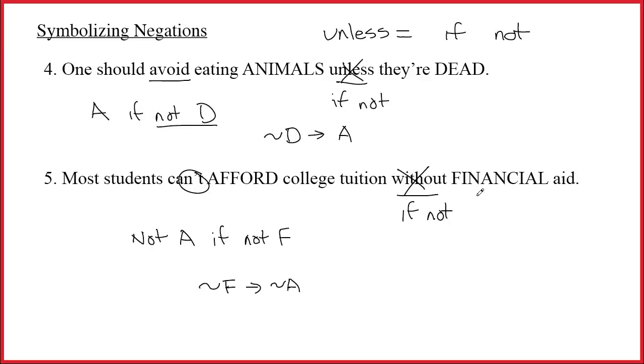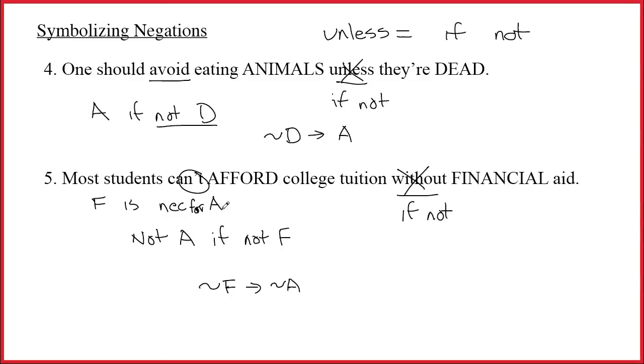So these are not difficult words. Another note about this last sentence. If you think about it, you can think of it in terms of a necessary condition. Most students can't afford college tuition without financial aid also means that financial aid is necessary for affording college.